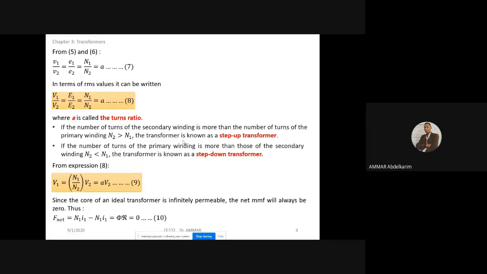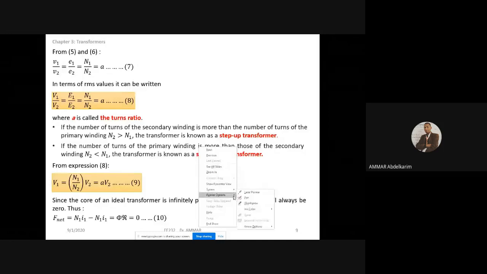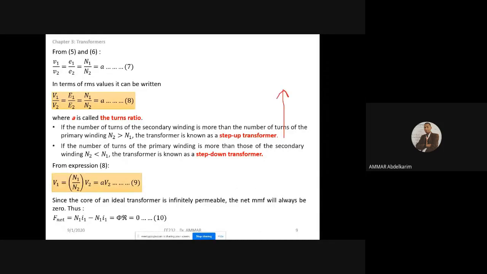It means that this transformer raises or increases the voltage. So let's draw a row here. Step up means that this transformer increases the voltage. If the number of turns of the secondary winding is more than the number of turns of the primary winding, we call this a step up transformer.